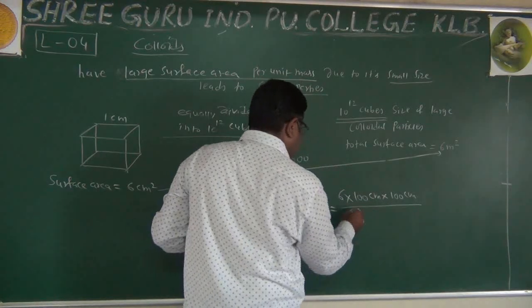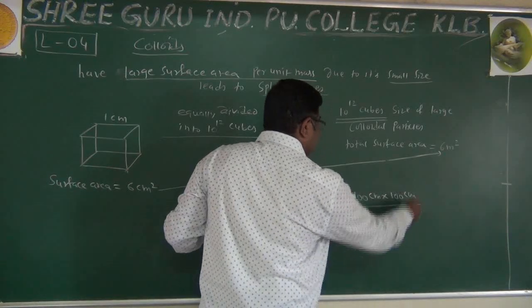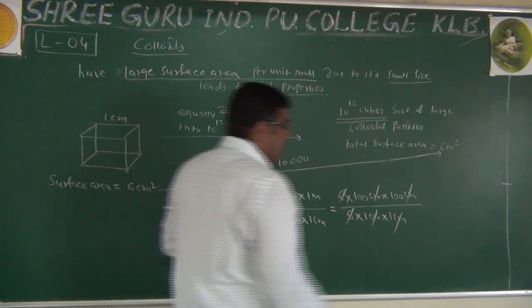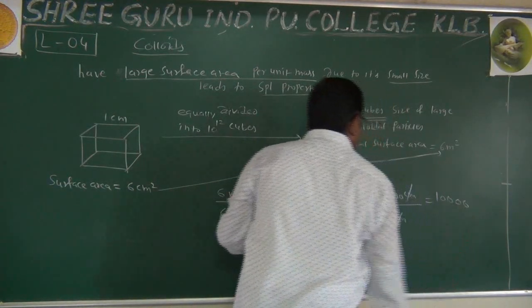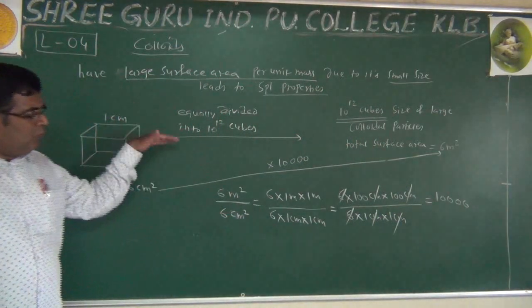So 6 into 100 centimeter square over 6 into 1 centimeter square. Centimeter, centimeter cancel, 6 cancels. And what do I get here? 1, 2, 3, 4, 0. So it is 10,000 times more if we go on dividing it.